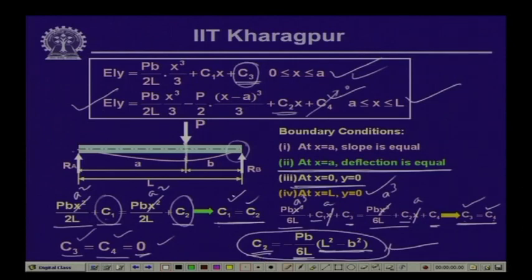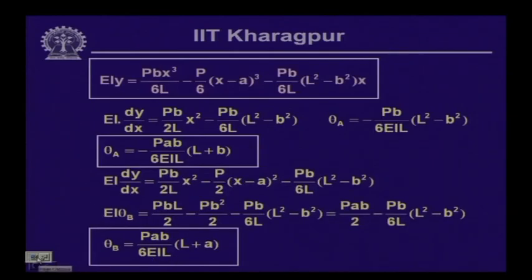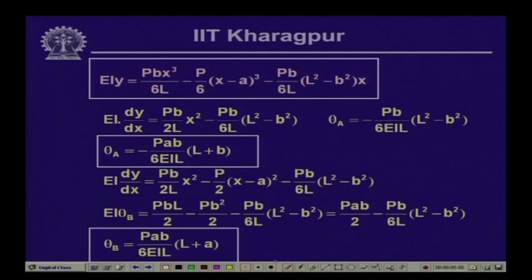Once you substitute this value of C 2, the expression for the deflection curve comes like this: E I y is equal to P b x cube by 6 L minus P by 6 x minus a cube minus P b by 6 L times L square minus b square x. This is for the second part, and for the other part we substitute the value of C 1 and we get the expression for E I y.